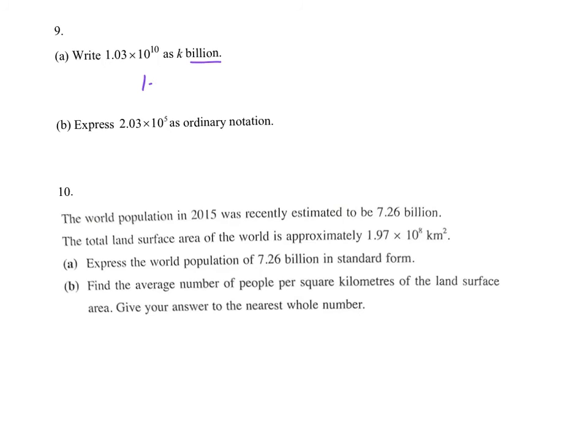Okay, write this number as K billion. Billion is how much? So this is equal to K times 10 to the power of 9. How do I find K? I don't want the 10 to the power of 9, so divide by 10 to the power of 9, right? 10 to the power of 10 and 10 to the power of 9 cancel away, left 10.